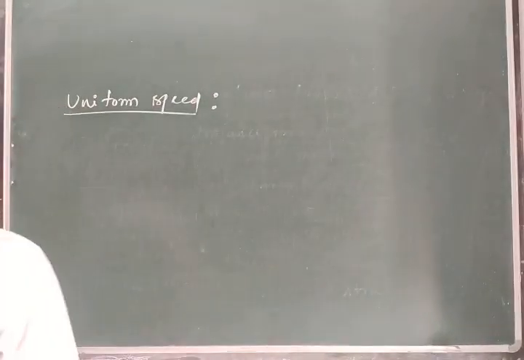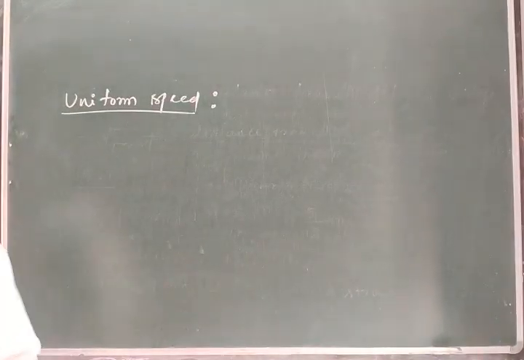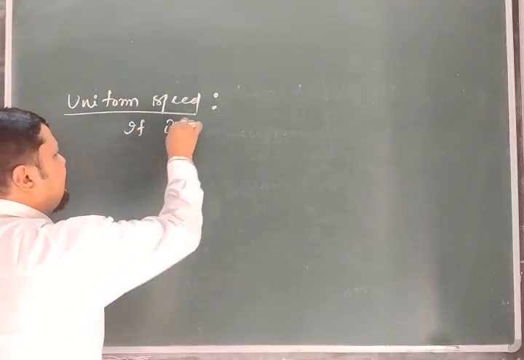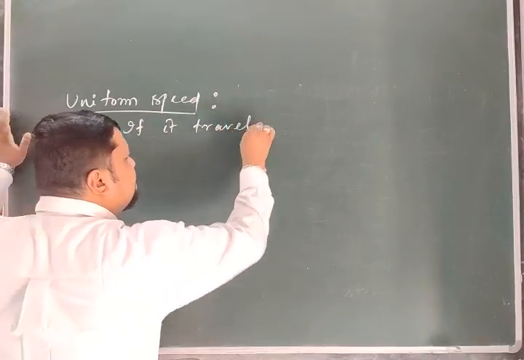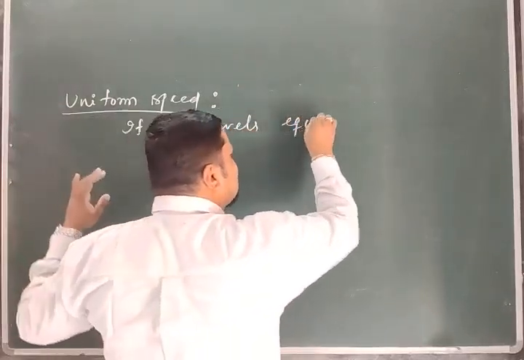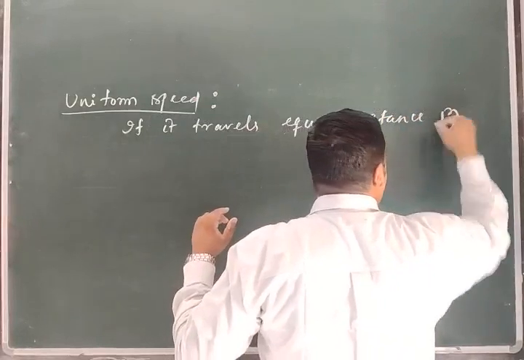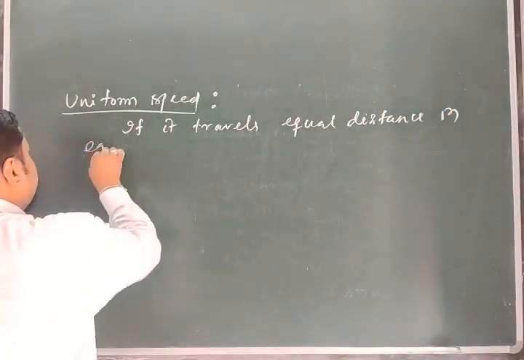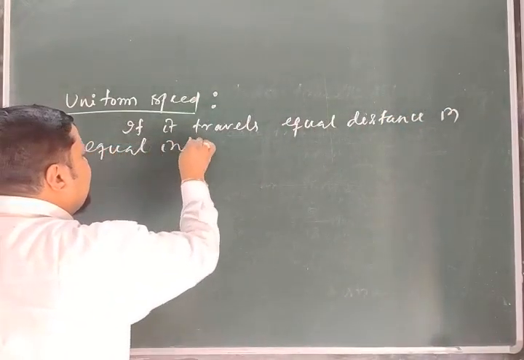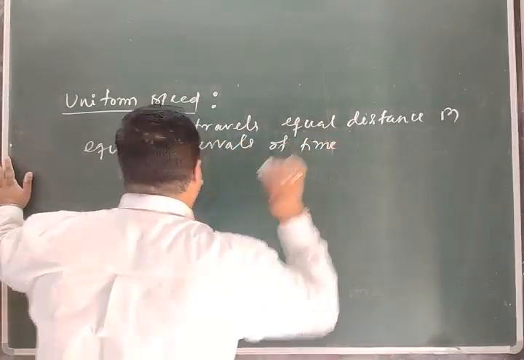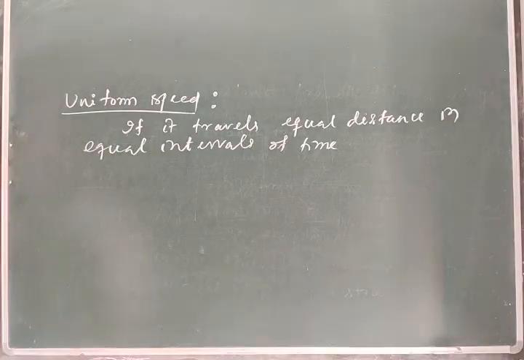A particle is said to be moving with uniform speed if it travels equal distance in equal intervals of time. Then the speed is called uniform speed.